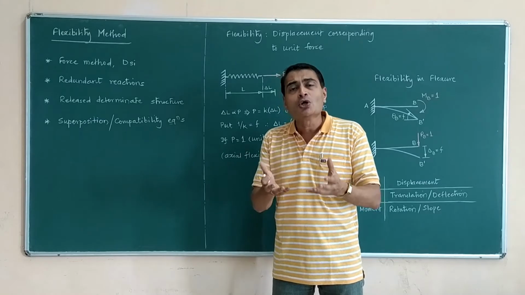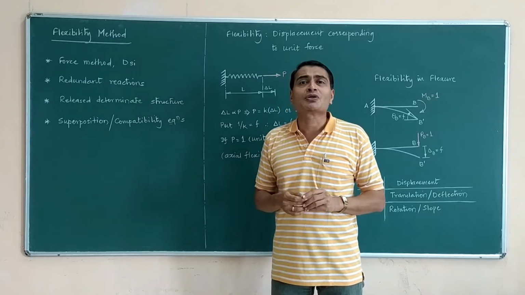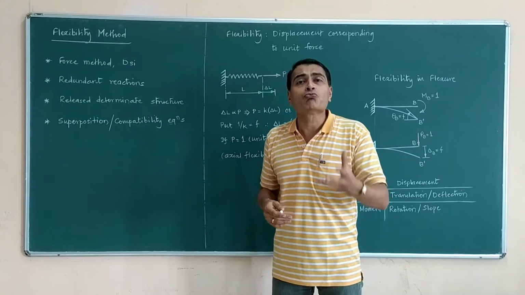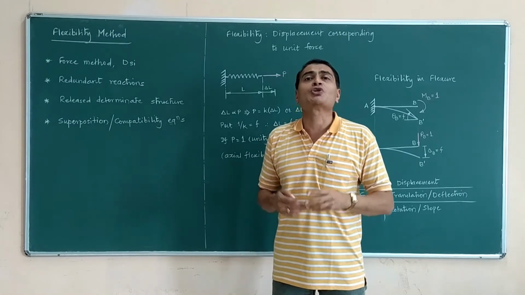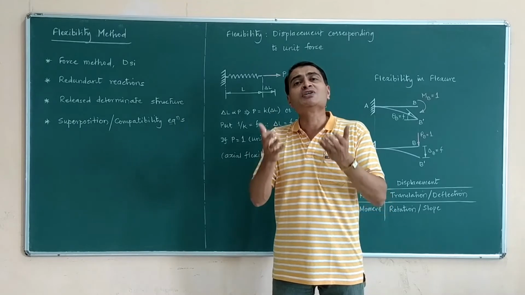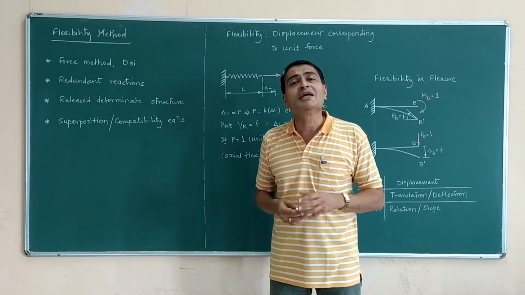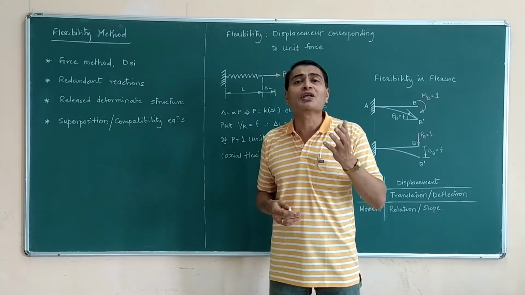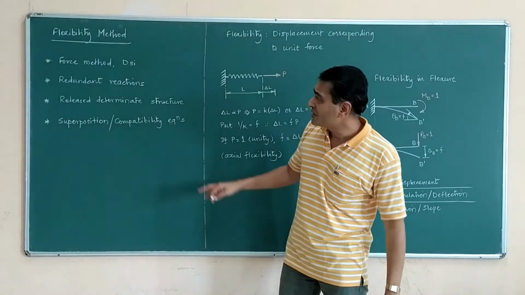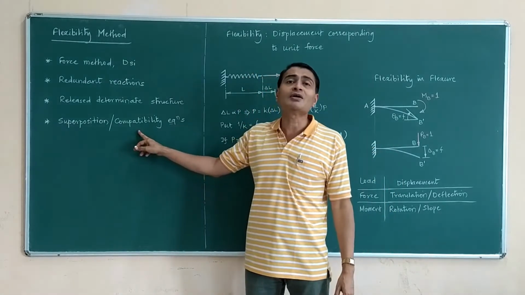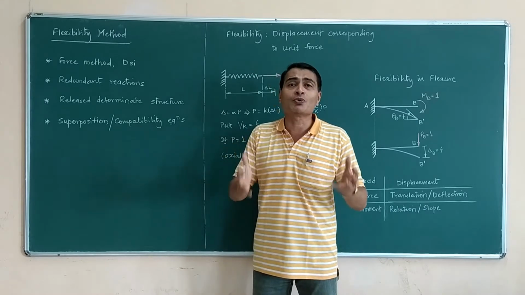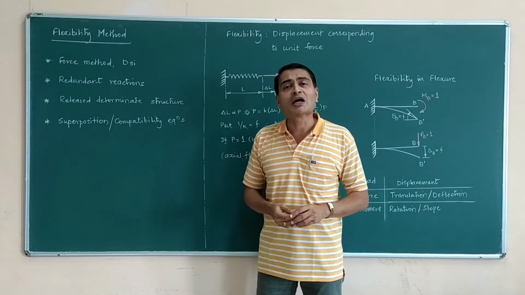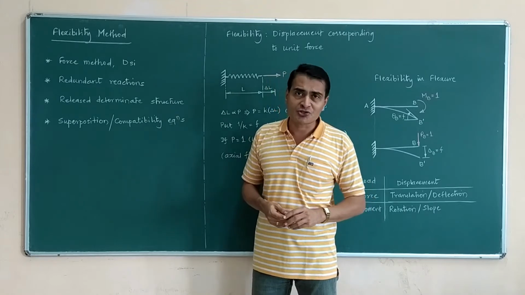And then to that released structure, we apply a unit force and we try to find out corresponding deformation or displacements, and then superposition equation eventually gives us the unknown support reactions. That is the last step I have written here. Superposition or compatibility equation we try to express and we get our unknown support reactions.